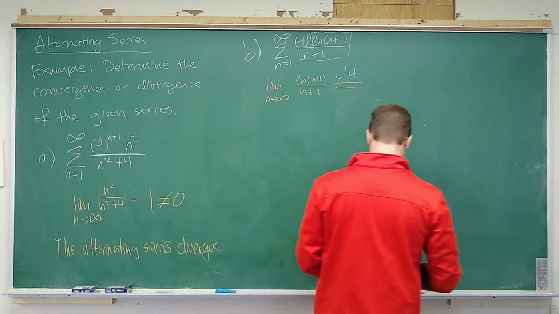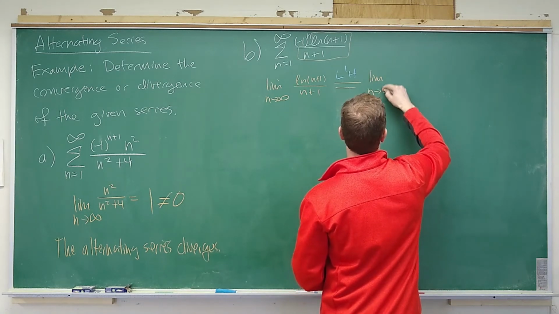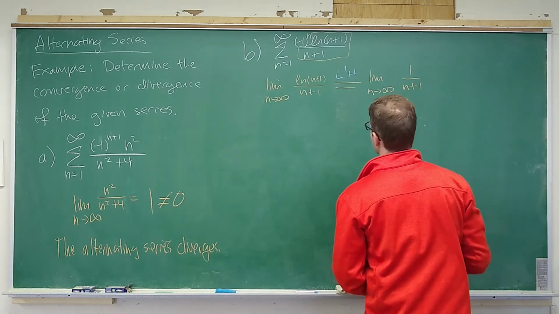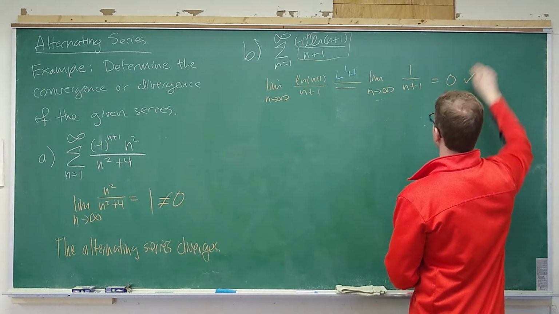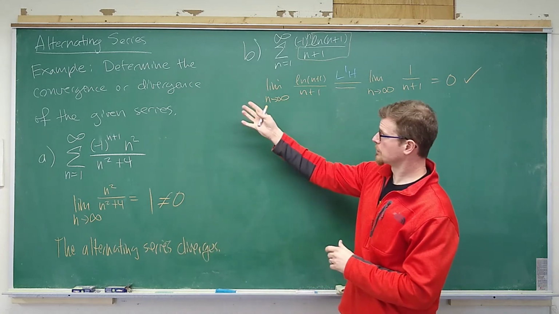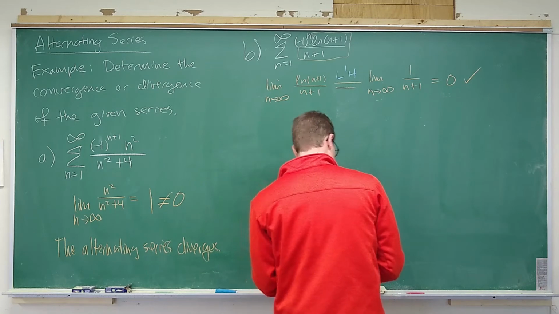So overall, we're just left with the limit as n goes to infinity of 1 over n plus 1, which is in fact 0. So we satisfy the first part of showing that the alternating series converges.